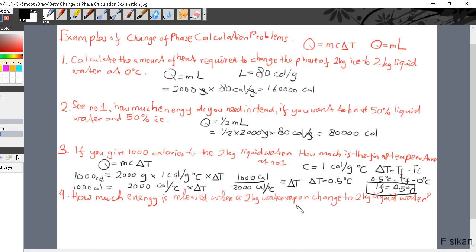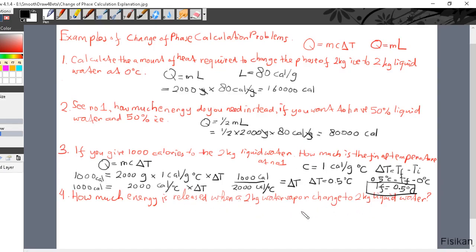And if you see the question, this is only changing phase. There's no information about the temperature, so it means that the temperature stays the same. There's only change of phase happening here.